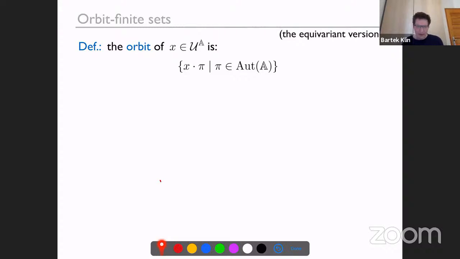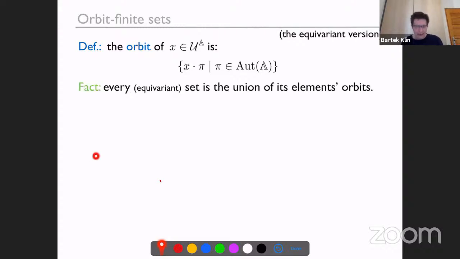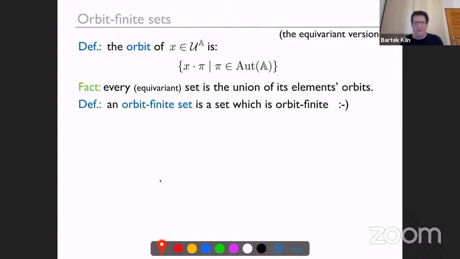Okay. And then every equivariant set is the union of its elements' orbits. That's easy to see. And well, I would call a set orbit finite if it is a union of finitely many orbits.